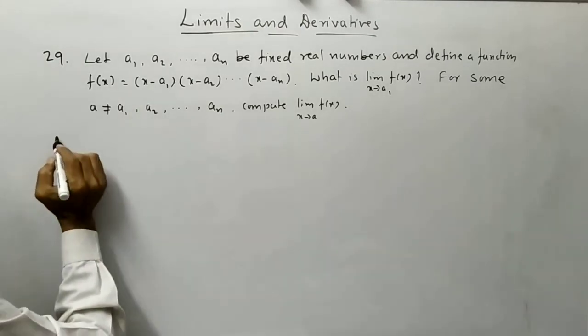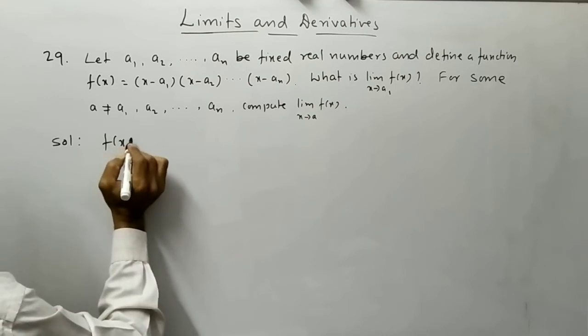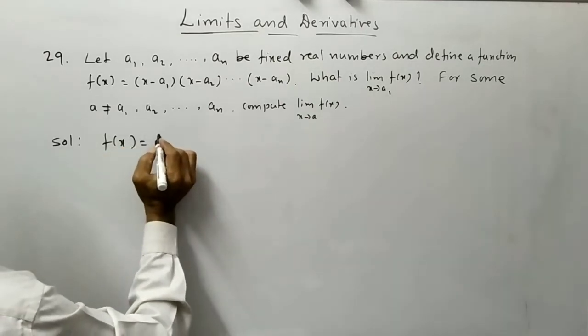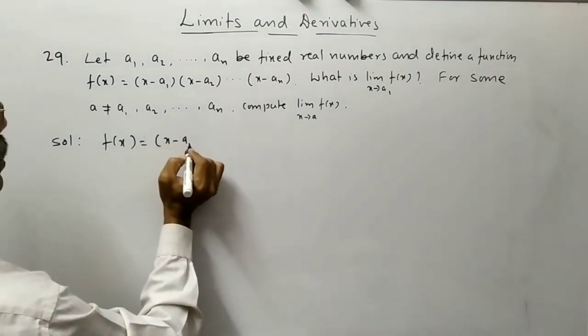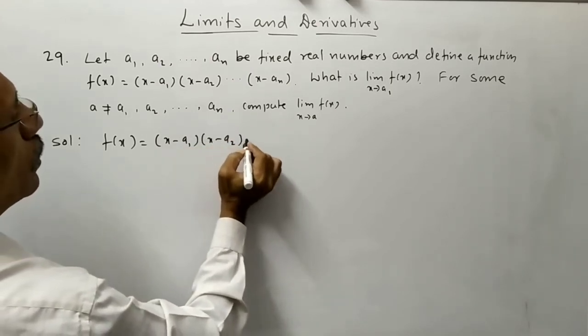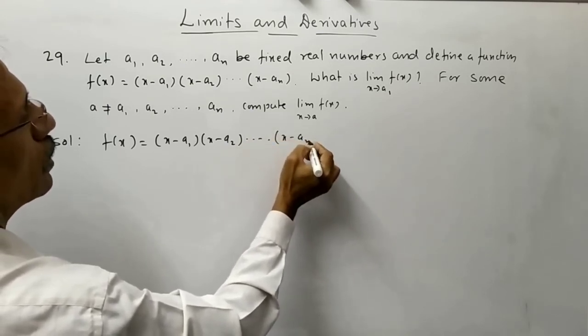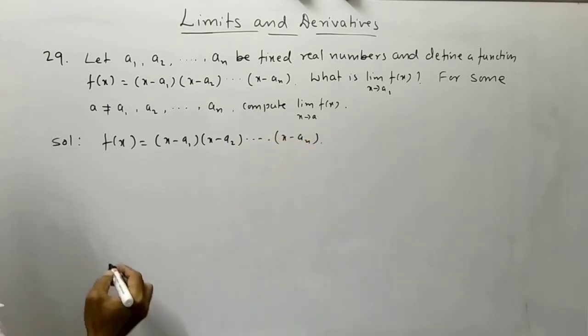Solution. f of x is equal to x minus a1 into x minus a2 into ... into x minus an.